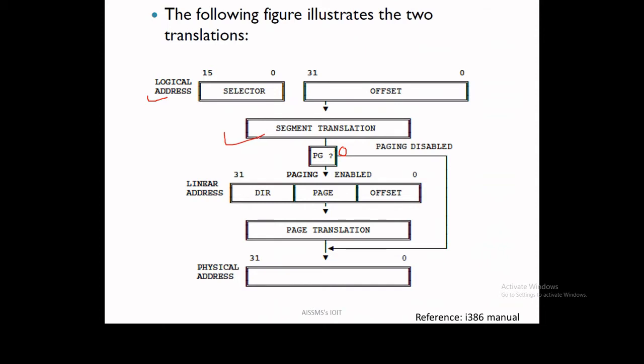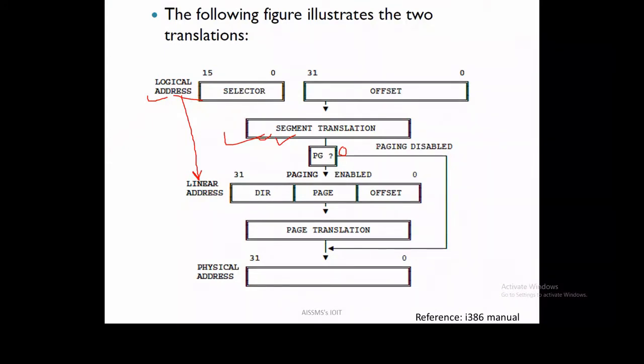The segment translation converts the logical address, which we have taken in our assembly language program, into the linear address. This is the first step. If the PG bit is 0, that linear address is treated as a physical address.